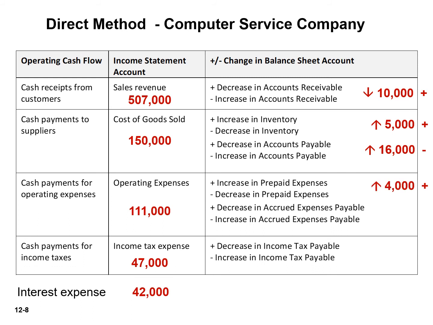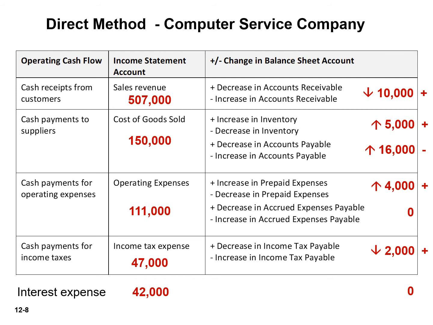$139,000. Our prepaid expenses increased. There was no change in our accrued expenses payable, so our cash payments for operating expenses is going to be $115,000. When it comes to our income tax expense, we decreased our payables by $2,000, which means we're going to actually increase our cash payments for income taxes so that we would report $49,000.